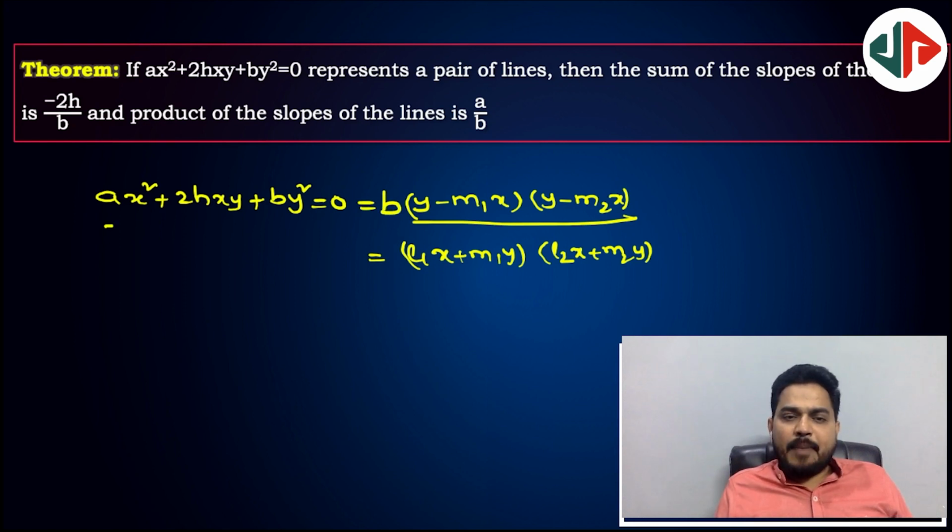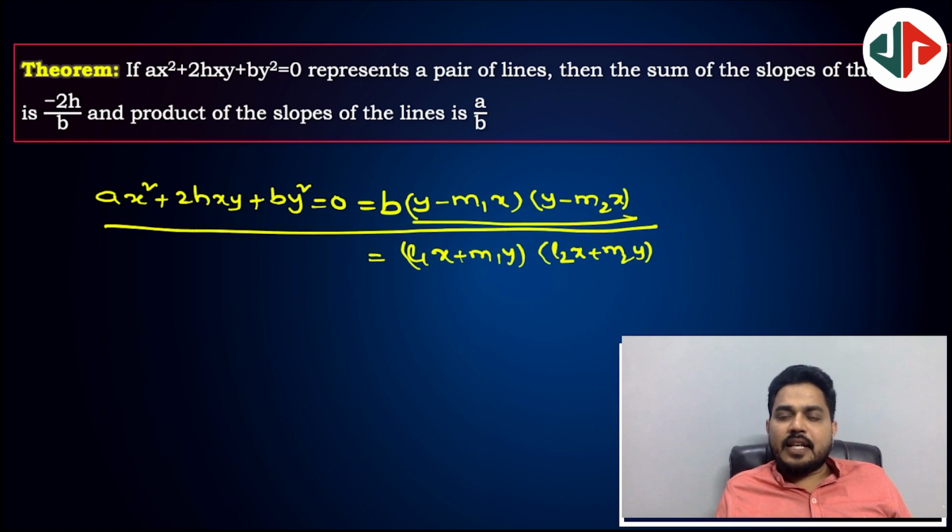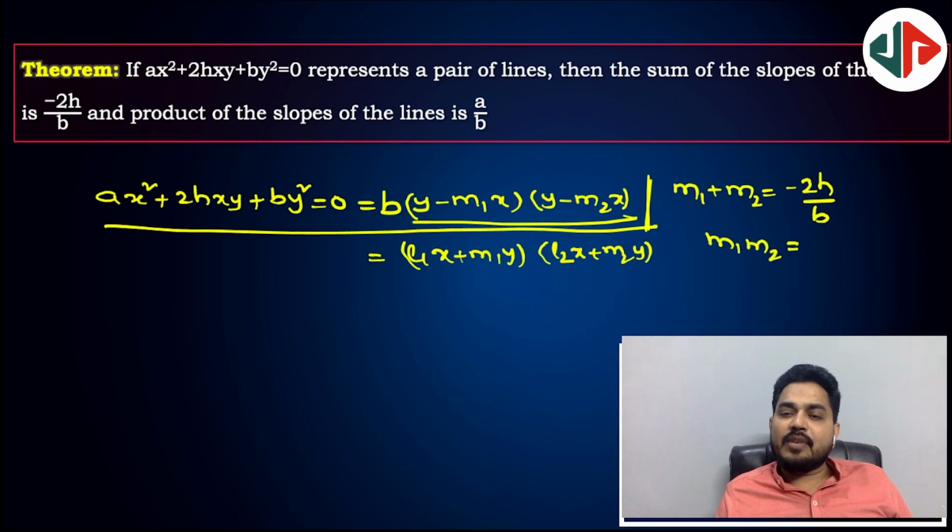So on comparison of this and this, you will get m1 plus m2 is equal to minus 2h by b, and m1 m2 is equal to a by b.